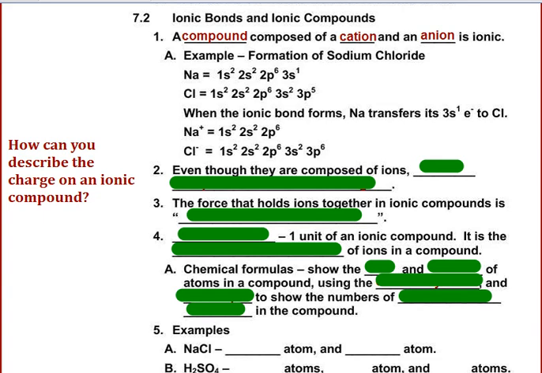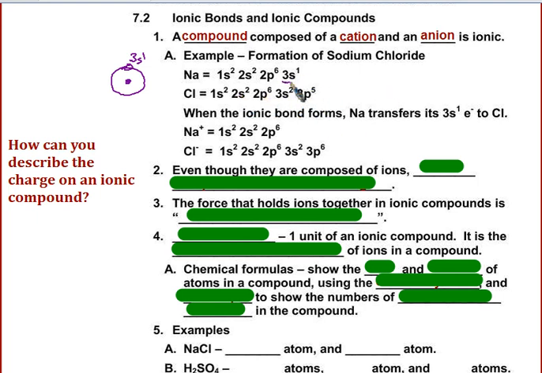Sodium is 1s2, 2s2, 2p6, 3s1. Or in other words, you've got a nucleus with a single electron around it. This is the 3s1 electron on it. Now chlorine is 1s2, 2s2, 2p6, 3s2, 3p5.